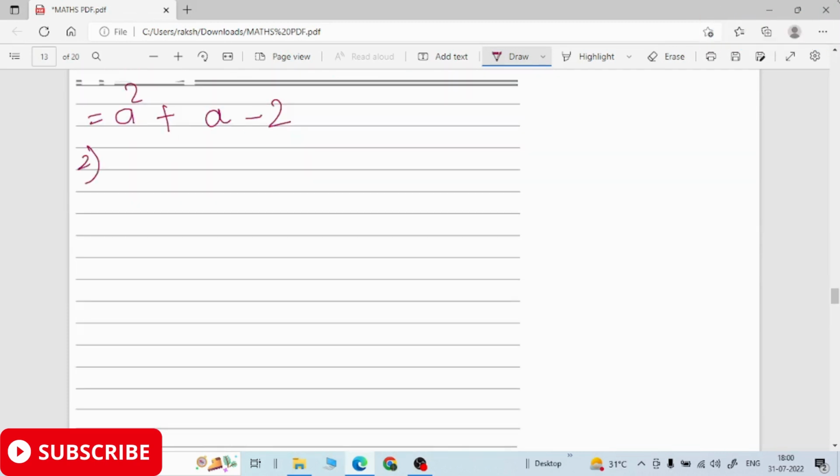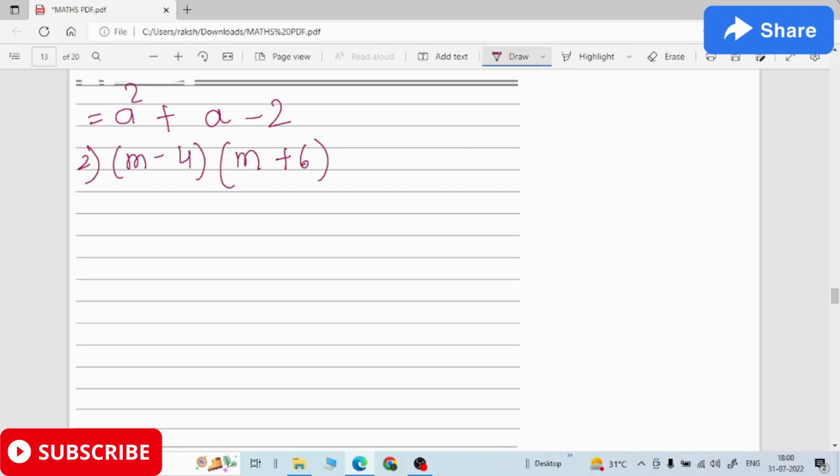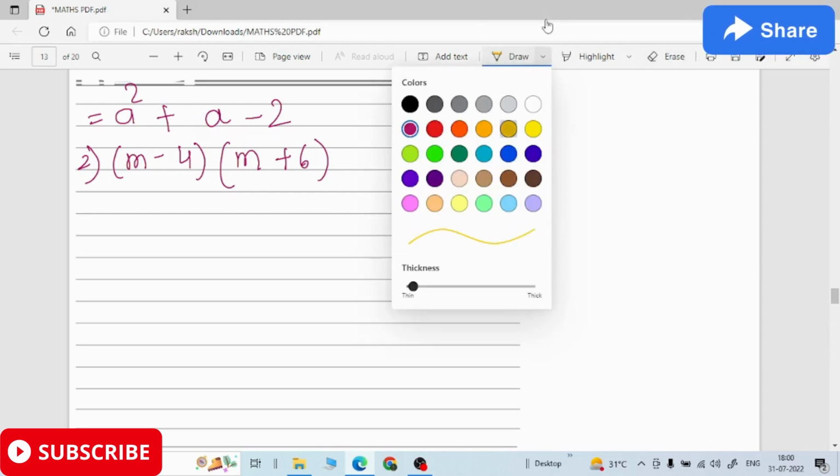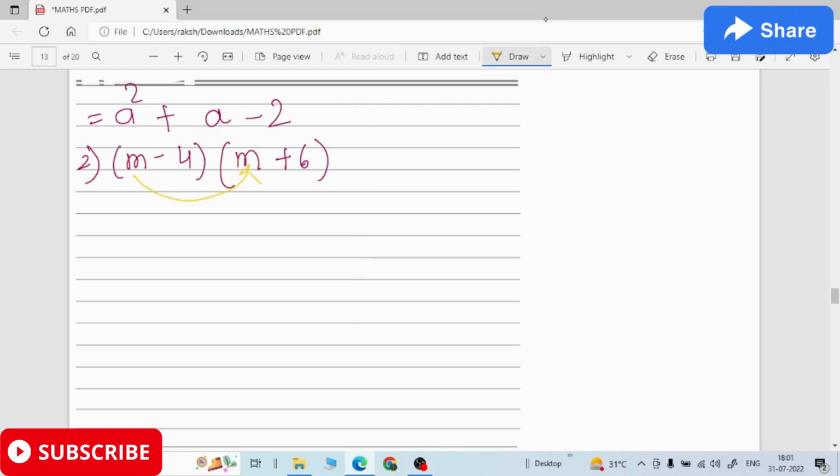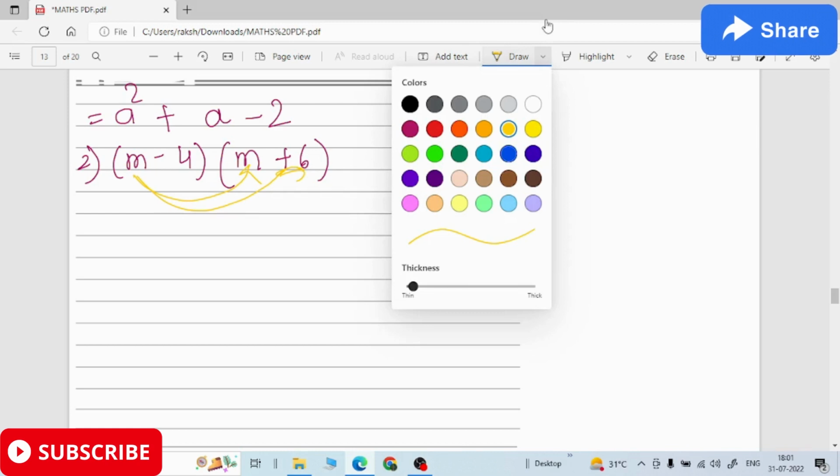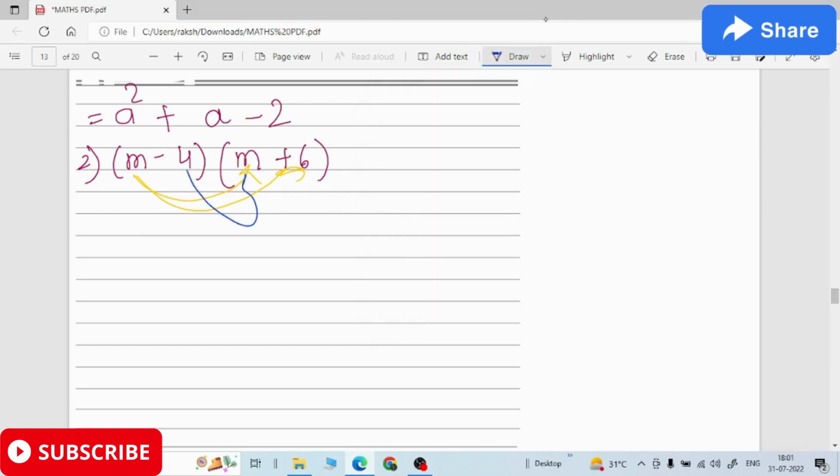The second one is (m - 4)(m + 6). Same as I told earlier, m is multiplied by this one and again by this one, and then minus 4 with m and minus 4 with 6.